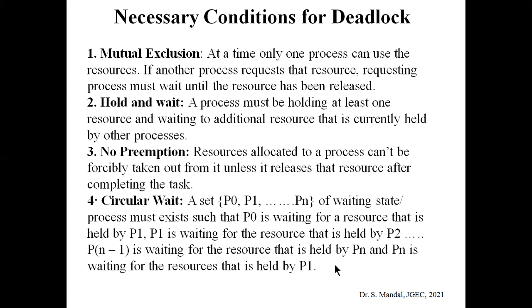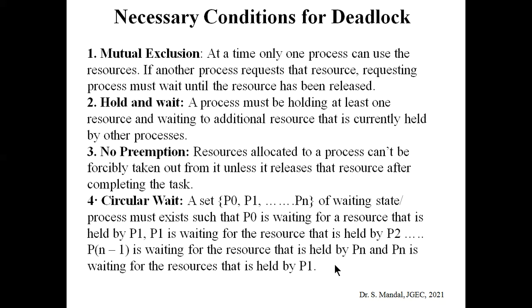Now, coming to the next topic: what are the different conditions that will lead to deadlock? These are the necessary conditions for deadlock. There are basically four conditions. The first one is mutual exclusion. We already know mutual exclusiveness.